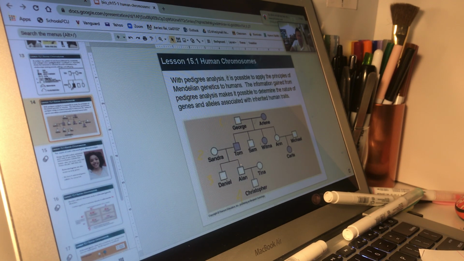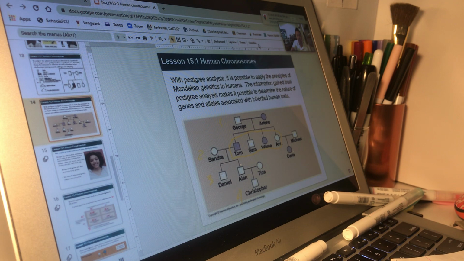So you see how George marries Arlene. They have 4 kids, 2 girls and 2 boys: Tom, Sam, Wilma, and Ann. Tom marries Sandra. There's a horizontal line. They have 2 kids, Daniel and Alan. Alan marries Tina and they have 1 son named Christopher. Ann marries Michael and they have 1 daughter named Carla.